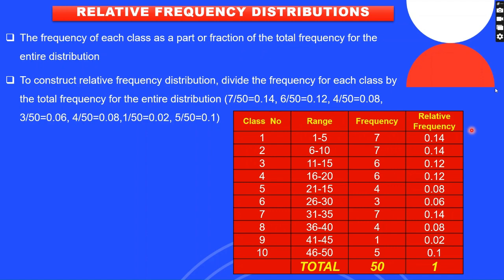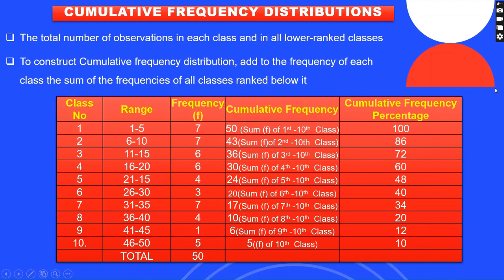So 7 by 50 gives 0.14, which is the relative frequency. Then next, 6 by 50 is 0.12. Again 4, 3, 5, 1 and 2. So you can find the relative frequency. The sum of the relative frequencies must be 1. That means for one particular class, how much impact it has relative to the total. That is given by the relative frequency distribution.